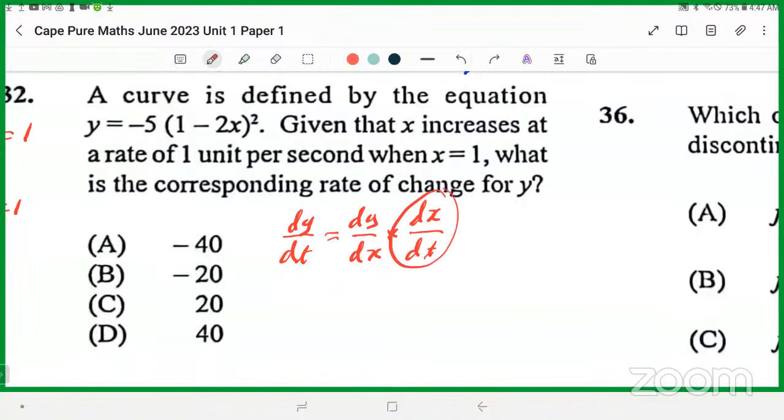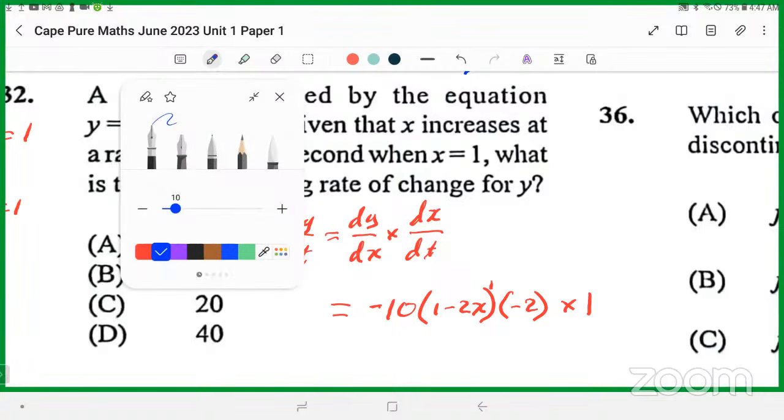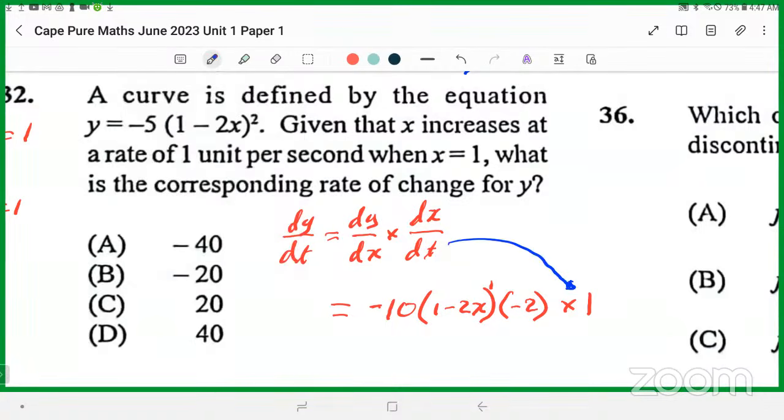So this becomes equal to, differentiating this now, you're going to get minus 10 into 1 minus 2x, reduce this power by 1 to 1, and then multiply by the differential of what's inside, which is a negative 2. And then multiplying that by this 1, that's what this is.